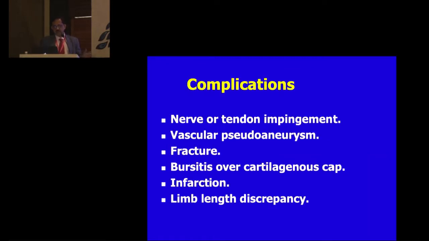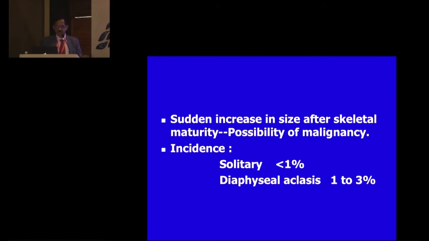And complications: compression over a nerve or tendon, vascular pseudoaneurysm formation, fracture, bursitis over the cartilaginous cap, or infarction, and at times there is gross deformity around the bones of the legs and forearm, which causes limb length disparity.